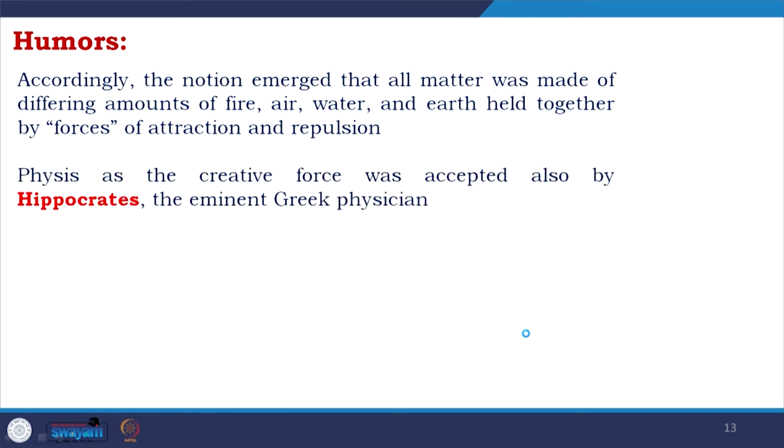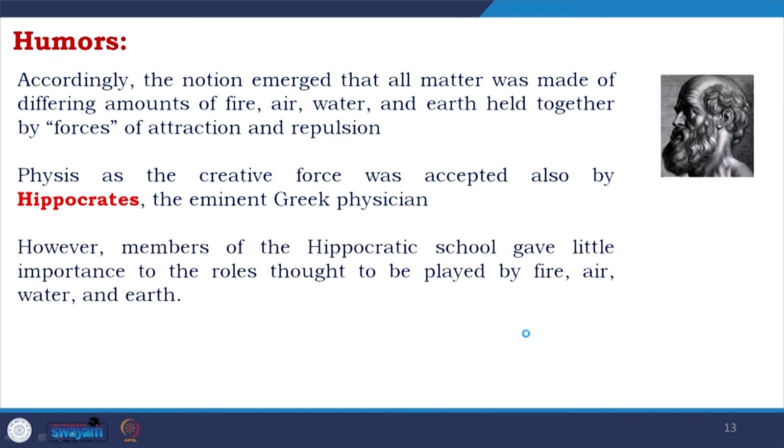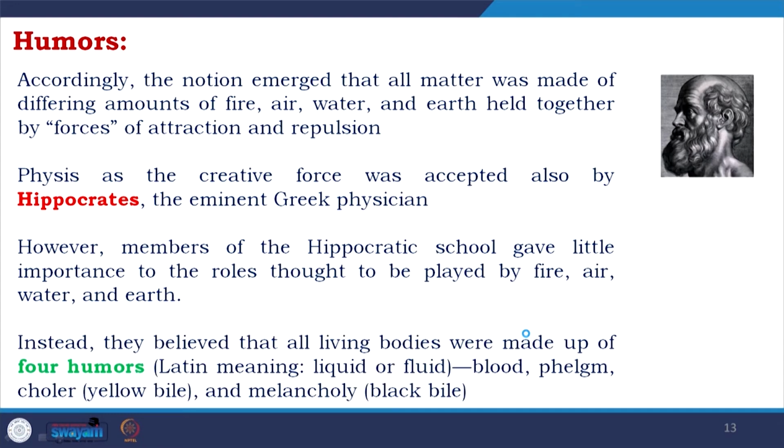Physis as the creative force was also accepted by Hippocrates, the eminent Greek physician. But the members of the Hippocratic school did not give importance to the roles of fire, air, water and earth. They believed that living bodies are made up of four humors, which means liquid or fluid: blood, phlegm, choler, which is yellow bile, and melancholy, which is black bile.